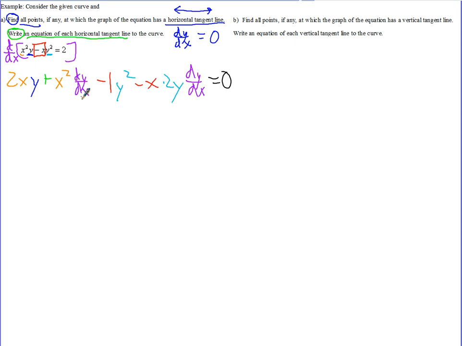Now the dy dx terms are already on the same side, so we just have to move the terms that don't have dy dx to the other side. So I'm going to add the y squared over, positive y squared, and subtract the 2xy over. And then factor dy dx out of the remaining terms. So we're left with x squared minus 2xy.